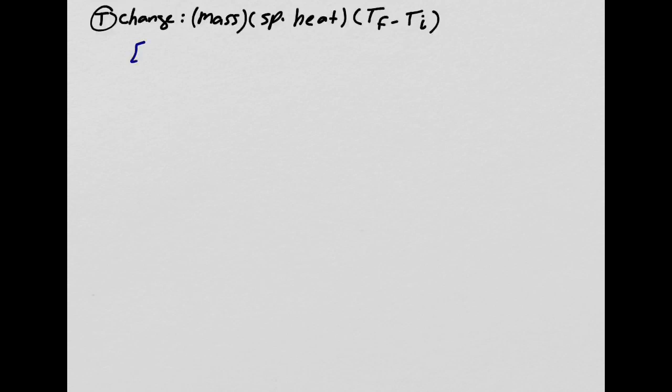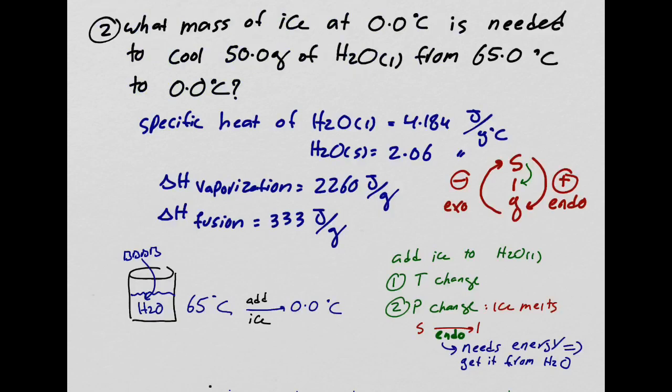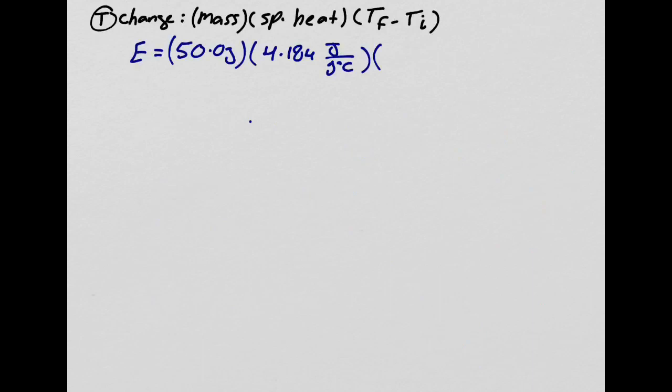So what was the mass of water I used? In your glass, there was 50 grams of water. Is water liquid? What's the specific heat? 4.184 joules per gram degree Celsius. What do you want the final temperature to be? Remember, it's 0. You want to go from 65 to 0. So my final temperature is 0 degrees and 65 degrees is my initial temperature.